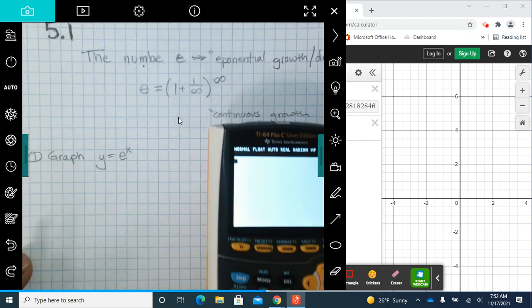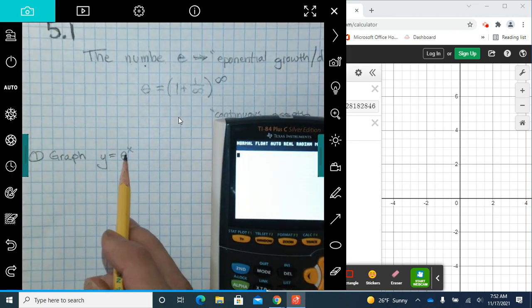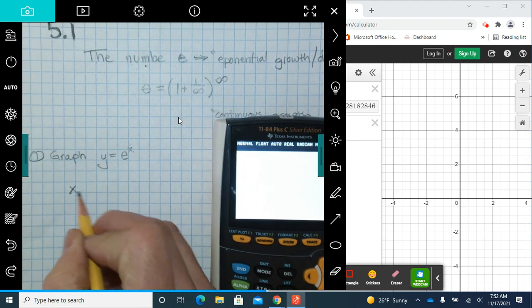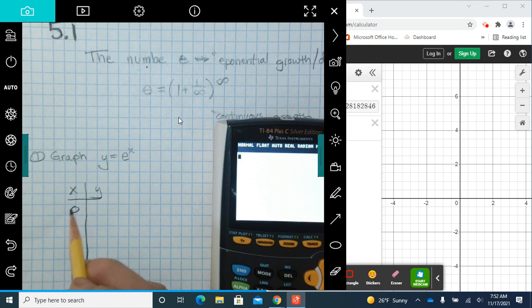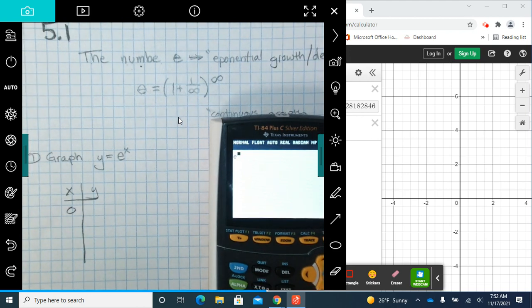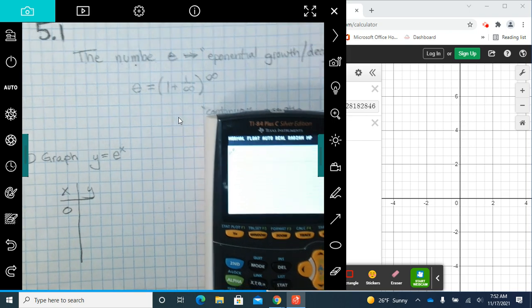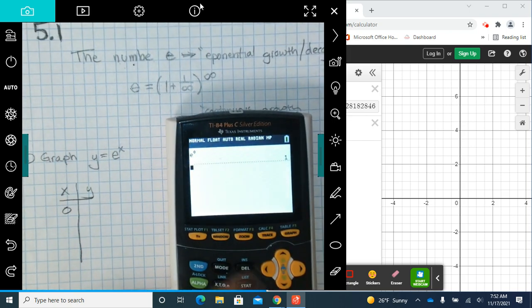So if we're going to graph y equals e to the x, let's make a table and let's plug in 0. So if I find e right here, there's e, and if I do to the power of 0, I get 1.